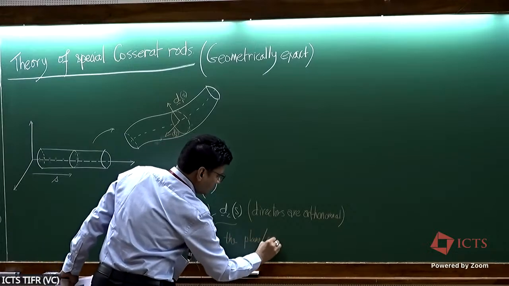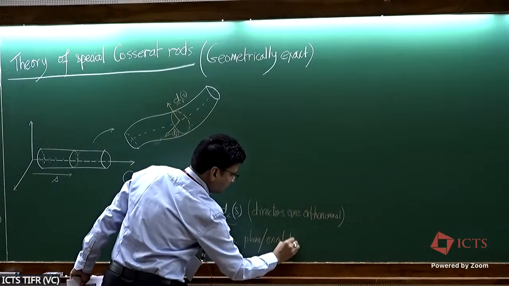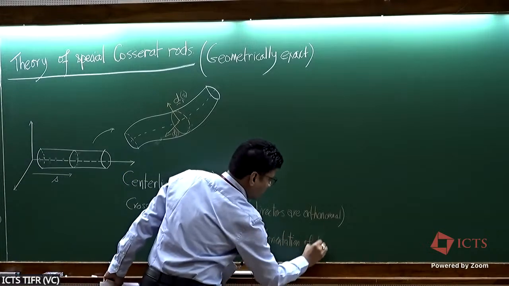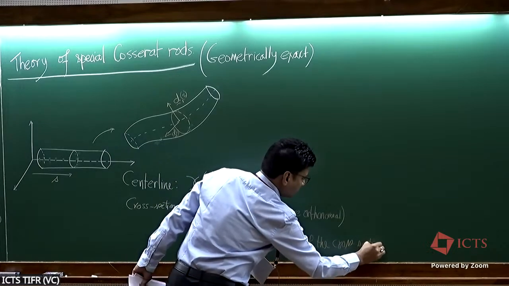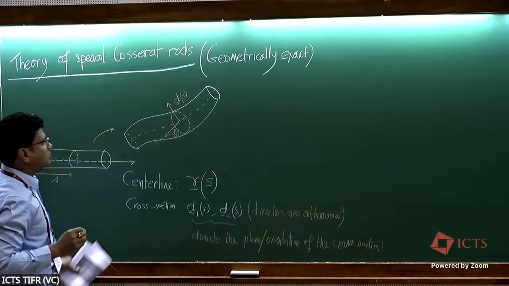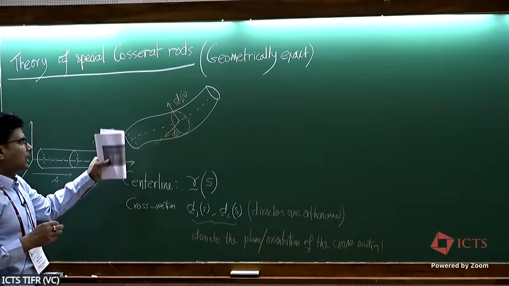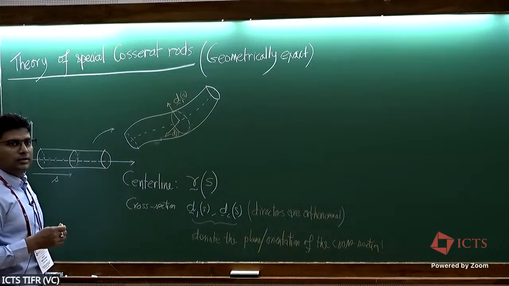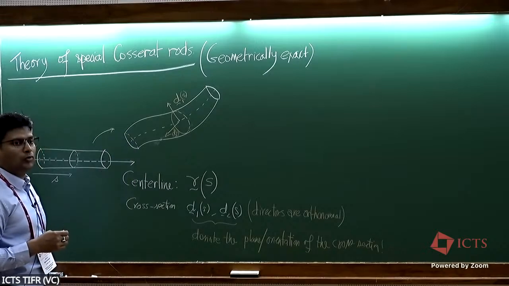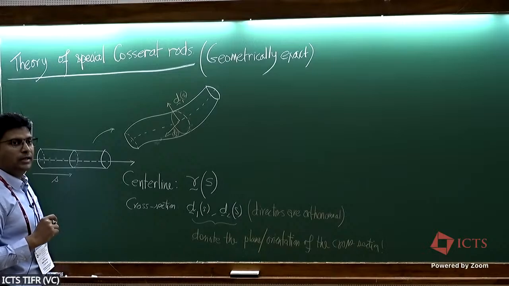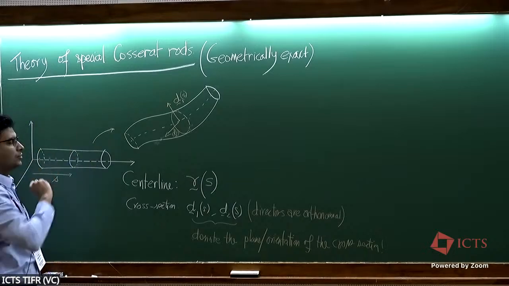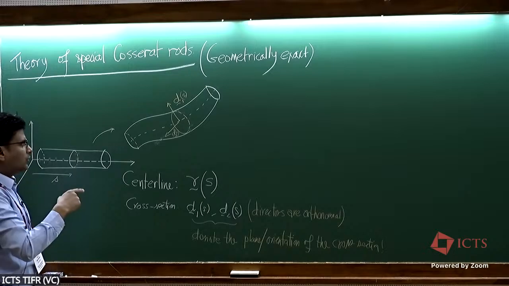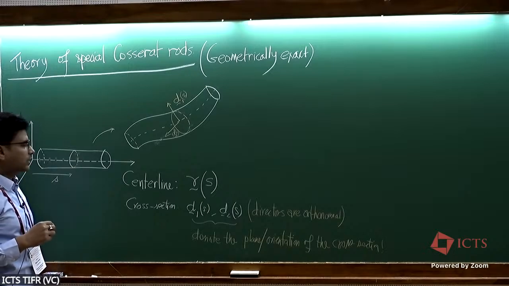Now, just because the directors are unit normed and also perpendicular to each other, that doesn't mean that the cross-section is not allowed to deform in this theory. Cross-section can still deform in this theory, but not in an independent way, as in the general Cosserat rod theory. I'll let you know why I say that cross-sections can deform later on.